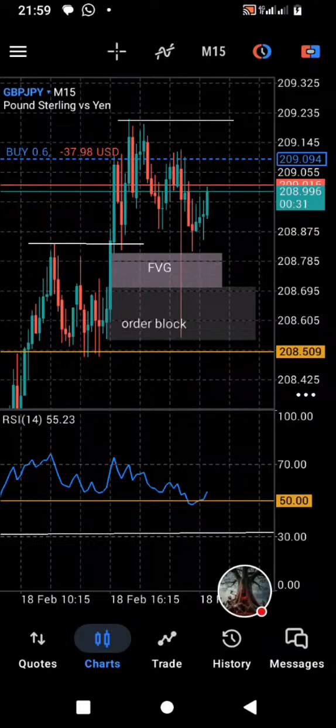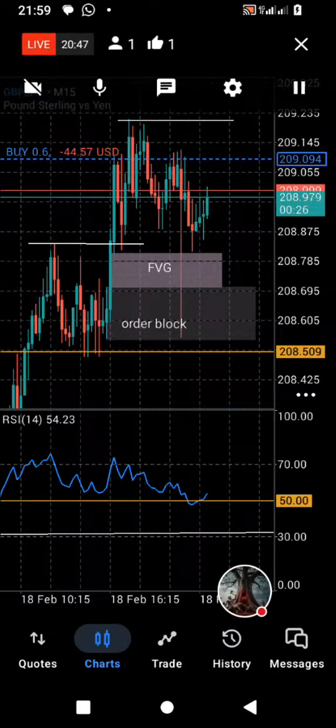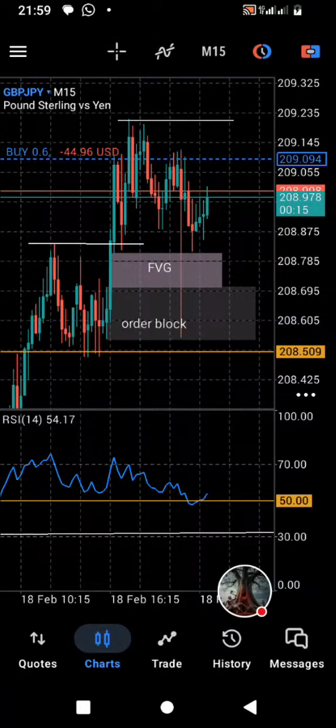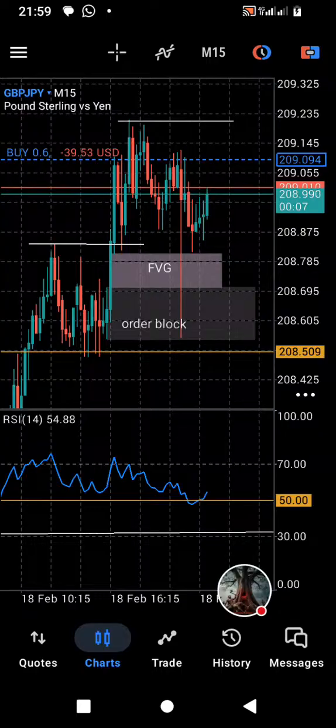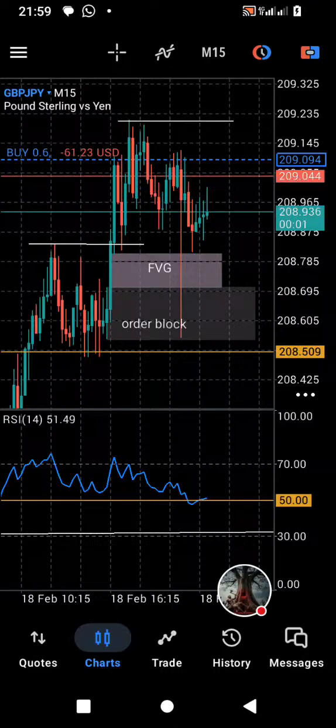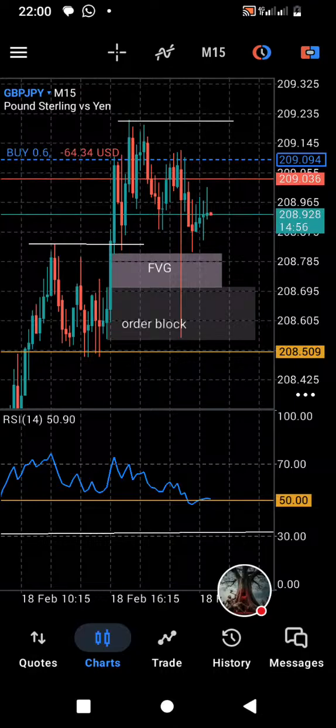Save. This gold line on the RSI is the middle of the RSI, to signify whether the trend is going upwards or downwards. The line on the RSI is just above 50%, which shows that we are on an uptrend, not a downtrend.